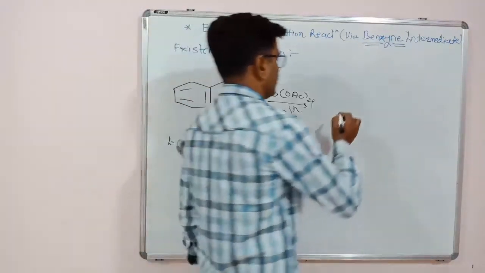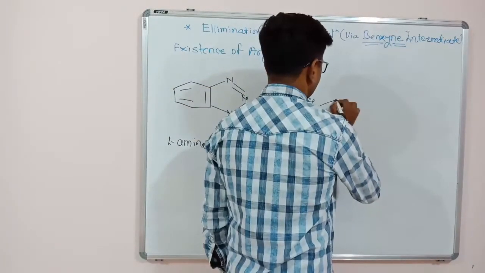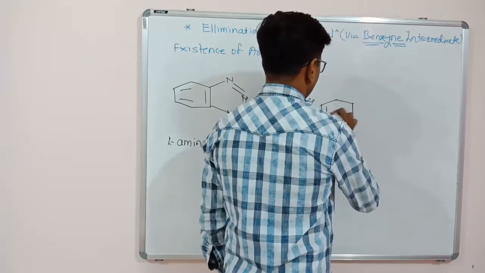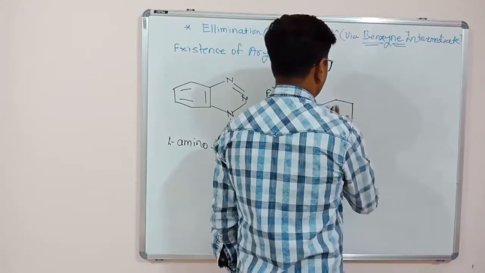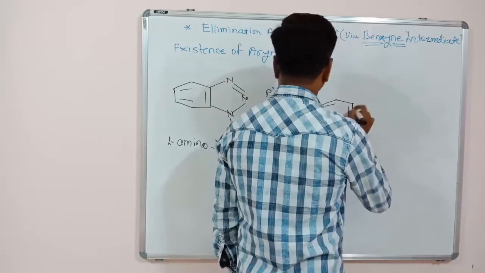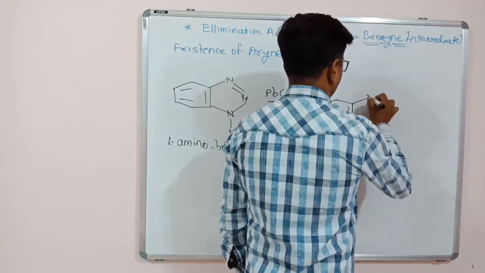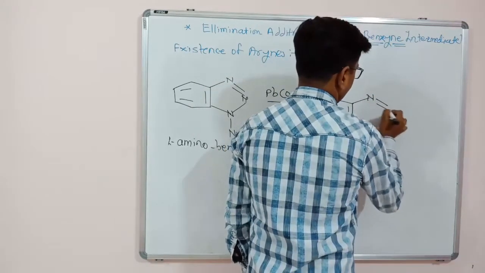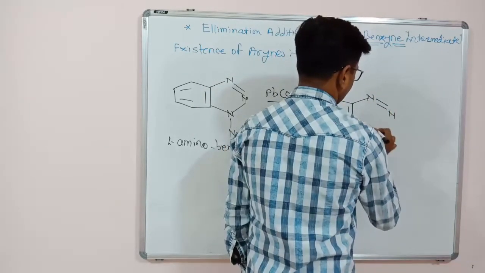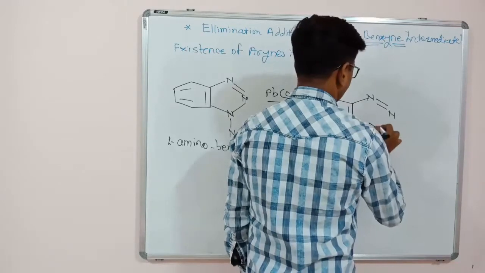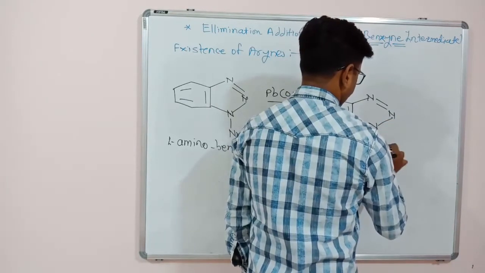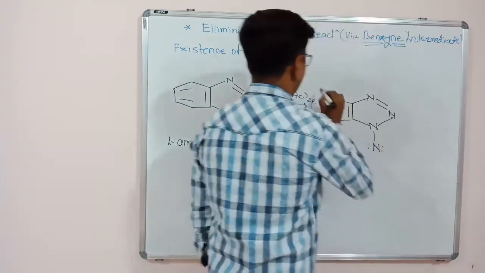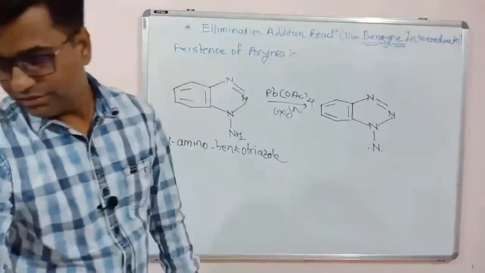Nitrene means a 6-electron species of the nitrogen atom, which is highly unstable. Nitrogen double bond nitrogen, here is a nitrogen single bond, and here is the nitrene. So this is quite unstable.